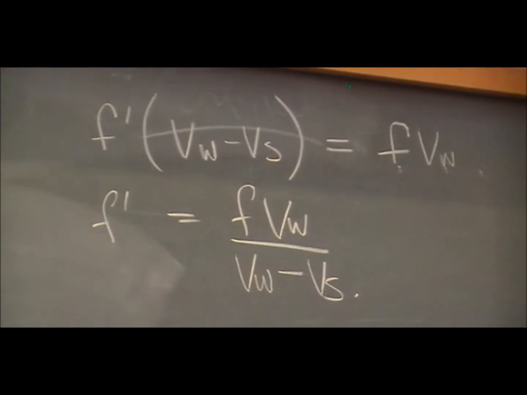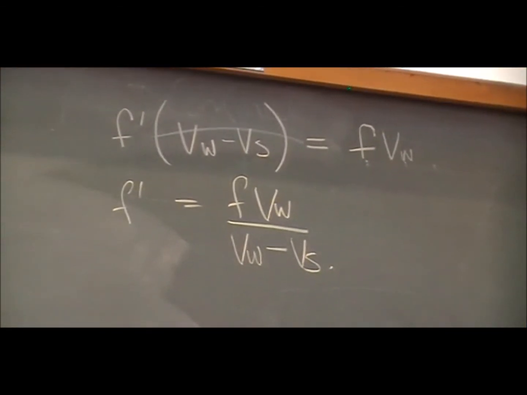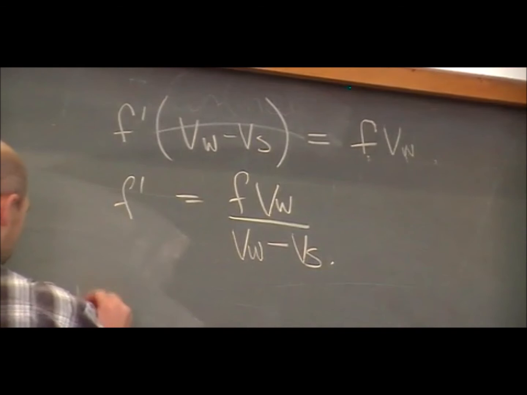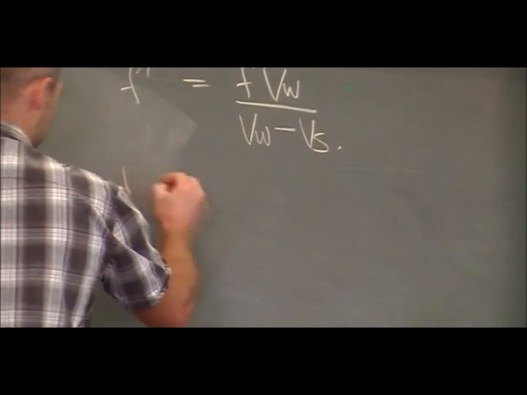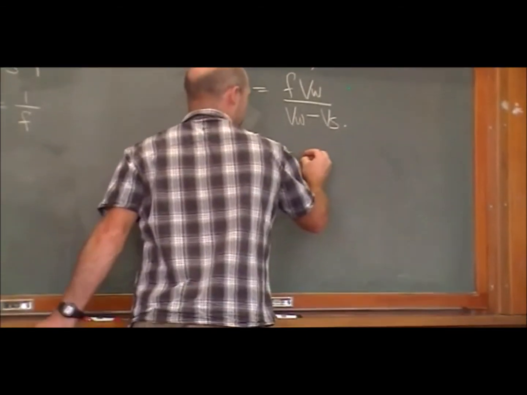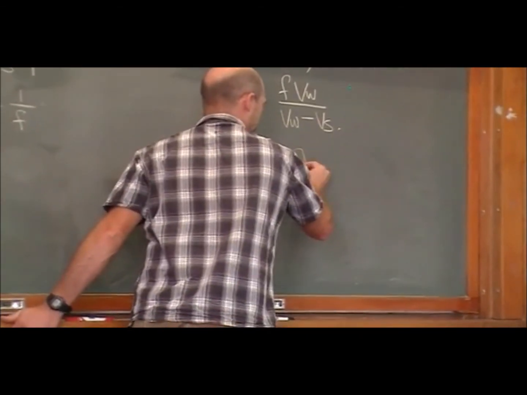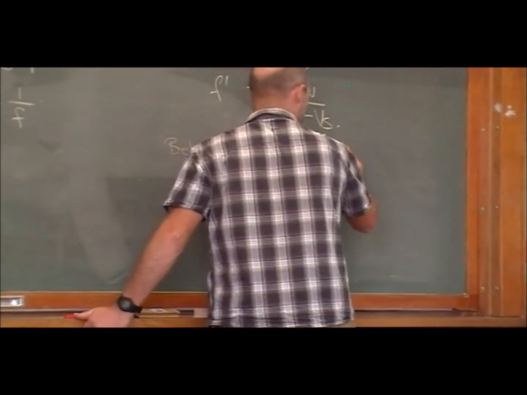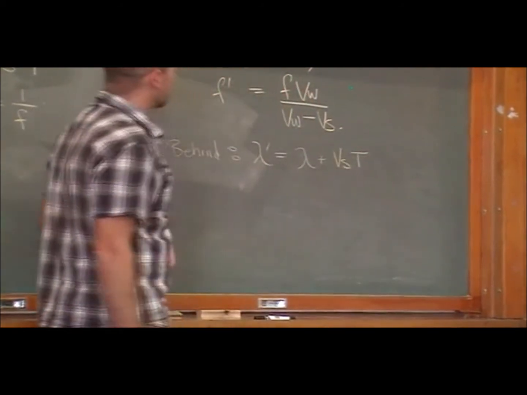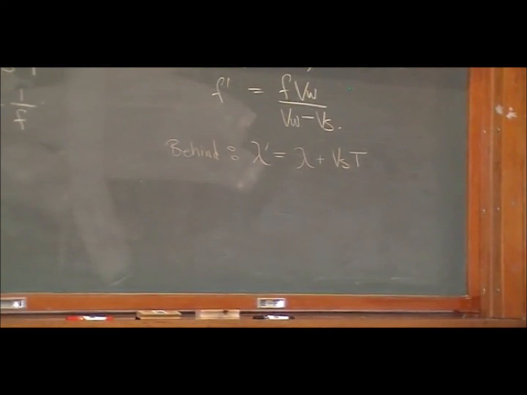The key difference, if we look at what's happening behind the source, is that behind the source, lambda prime is going to be lambda plus Vs times T. Compare that to what we started with over here. We had a minus.